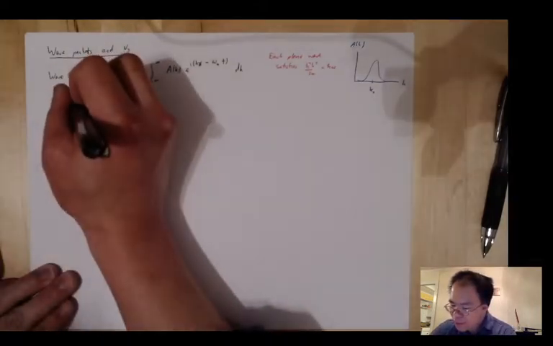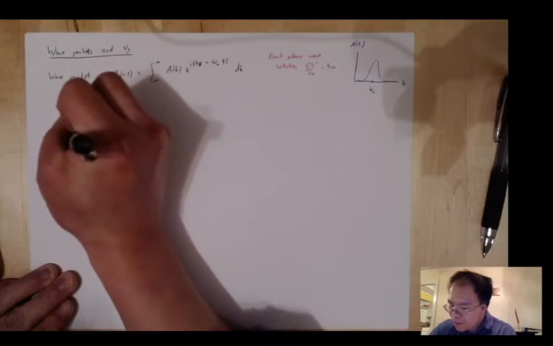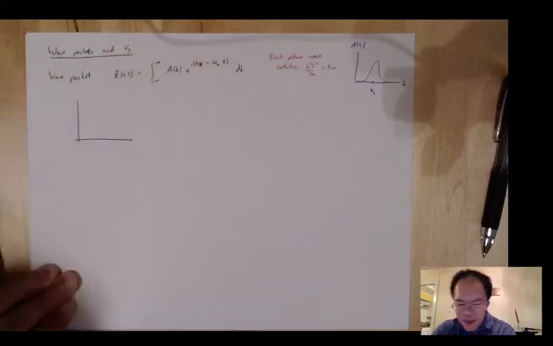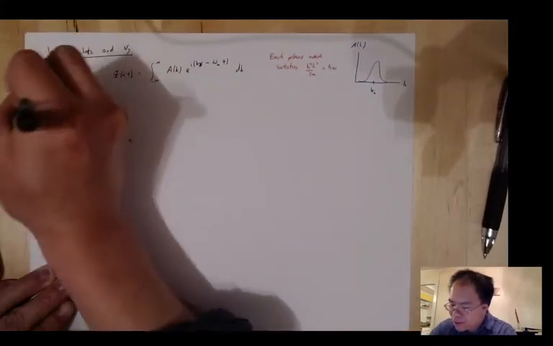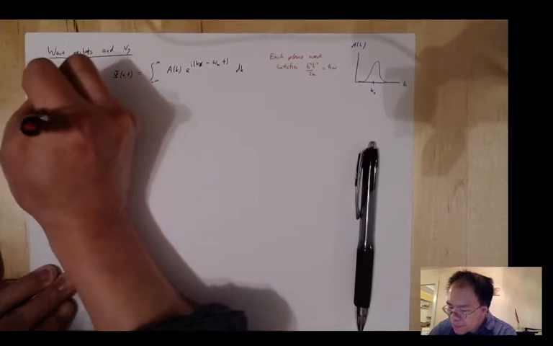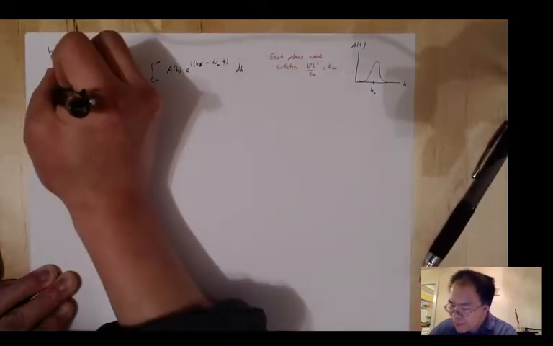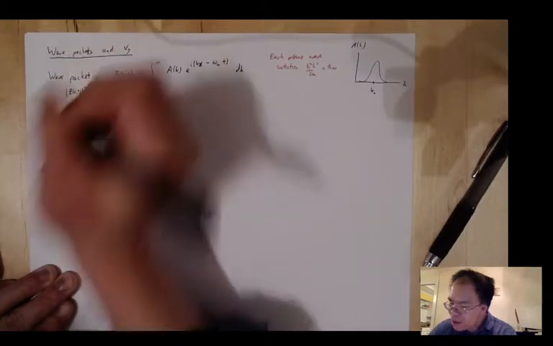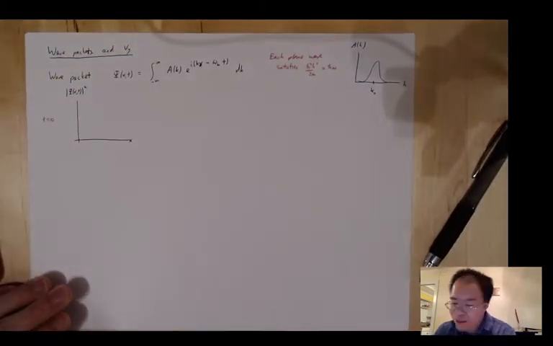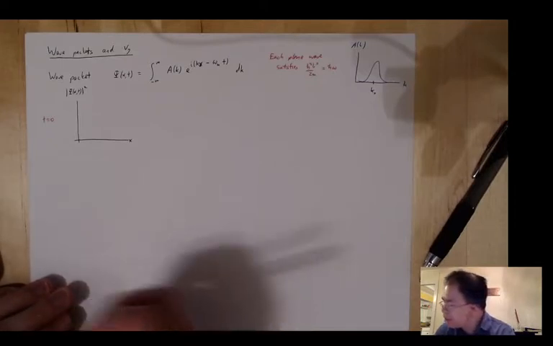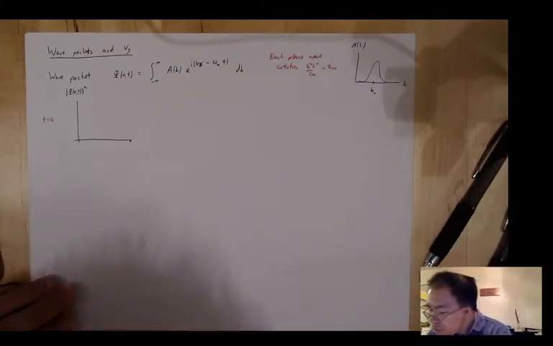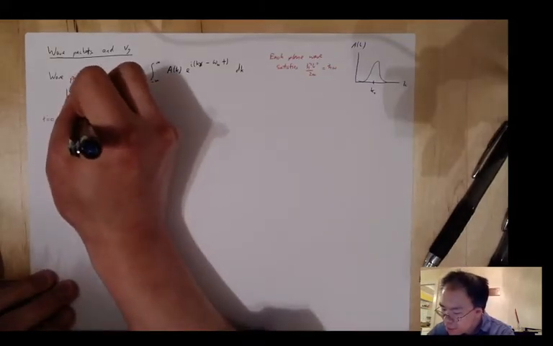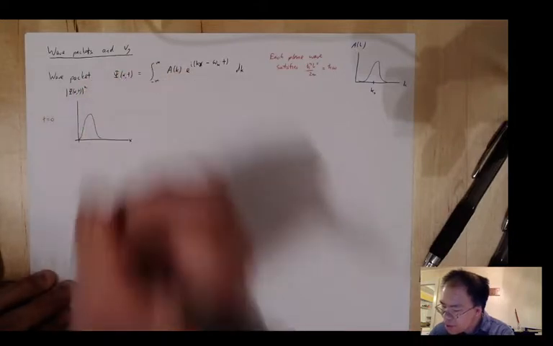Let me first draw the wave packet as a function of x, at t equals 0. I'll draw psi of x, t modulus squared. That's our probability density. And let's assume at t equals 0, my wave packet looks something like this.